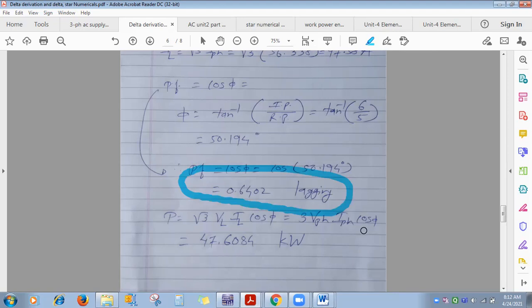So if it's a series RL, for inductor current lags, that's why for series RL power factor nature is lagging. Nature of power factor is specified in terms of current. If it is series RC, for capacitor current leads. That's why for series RC nature of power factor is leading. Okay, keep this in mind. This is about the power factor.